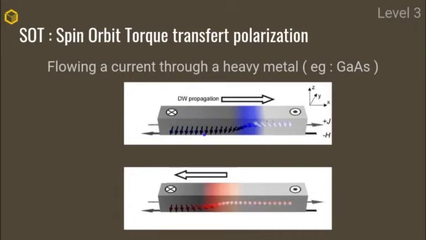If I wanted negatively polarized electrons instead, I would simply invert the direction of my electron flow, and thanks to this, I would have negatively polarized electrons here.